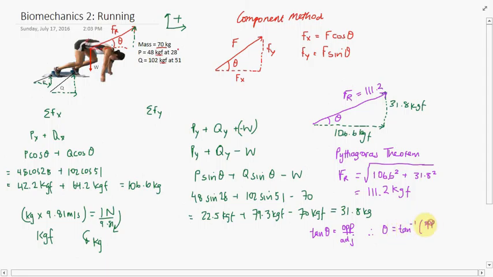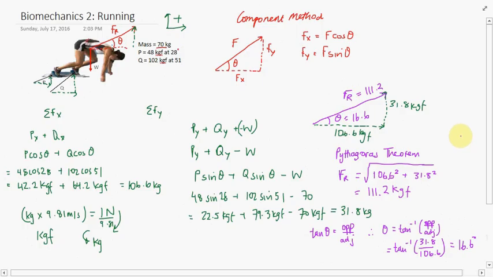It's a simple matter of plugging in the values: 31.8 divided by 106.6, meaning that the angle is 16.6 degrees, which I can enter here. So that's my final answer. Good.